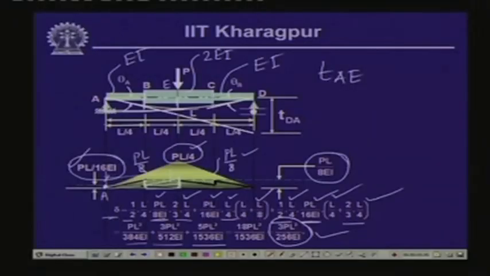The value of delta comes as 3 PL cube by 256 EI. Also, we compute the value of the slope at this particular end.